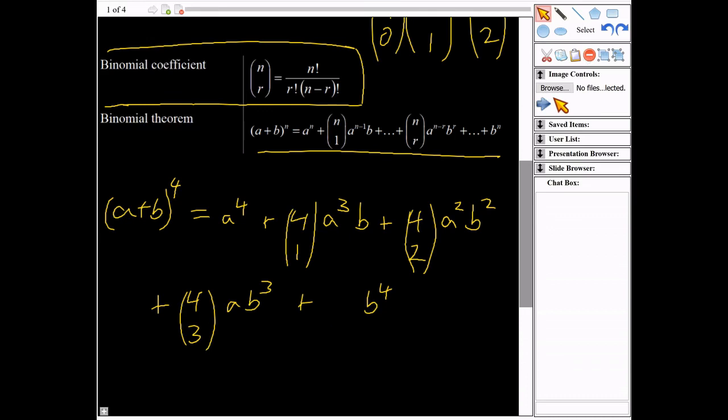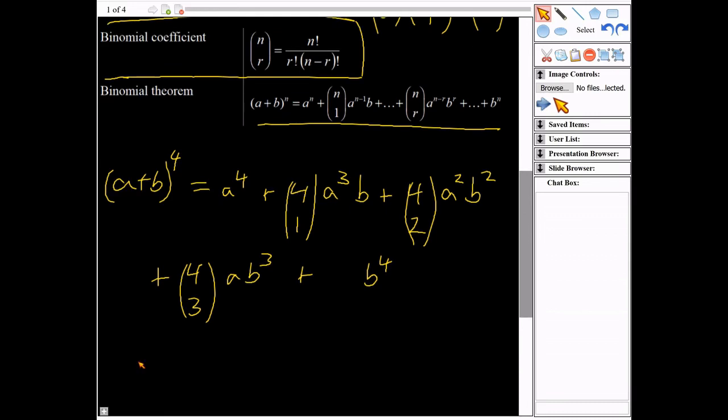Now we can use a calculator. We can use the n factorial over r factorial, n minus r factorial. So for doing 4 choose 1, let's just use a different color. If I do 4 choose 1 like that, it would be 4 factorial over 1 factorial, and then n minus r, which would be 3 factorial.